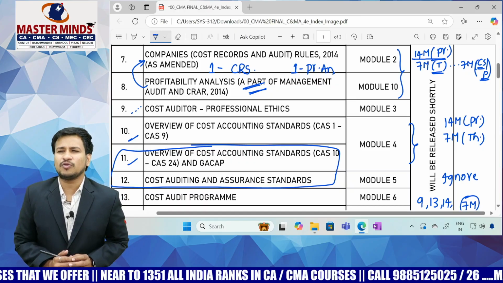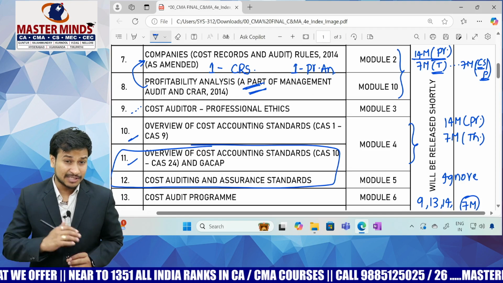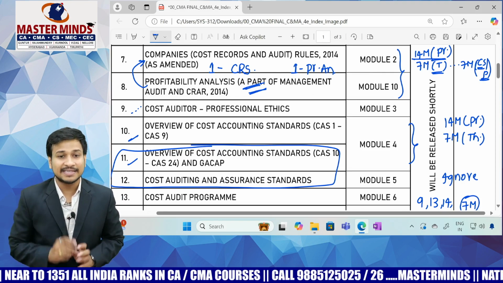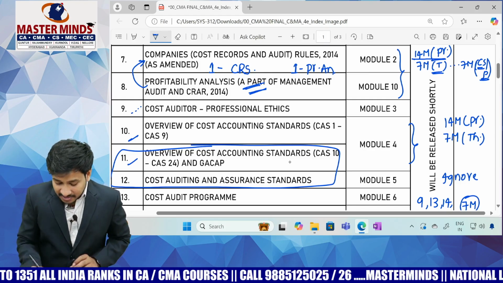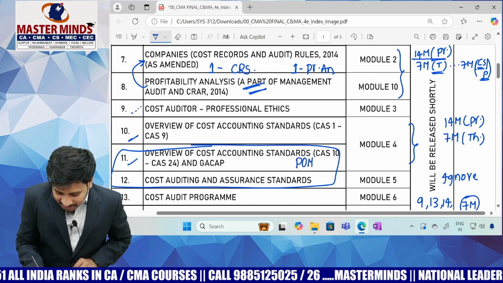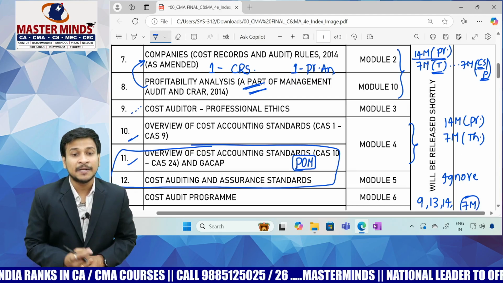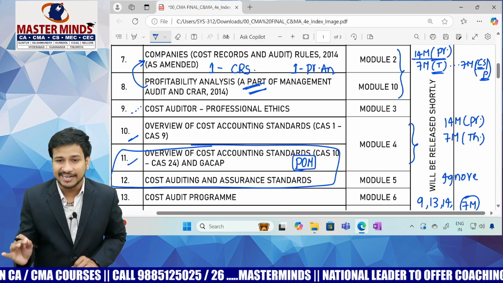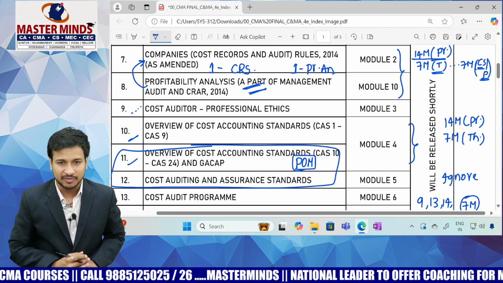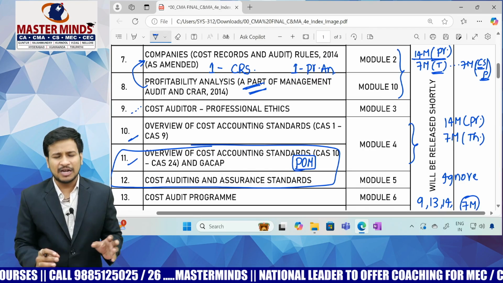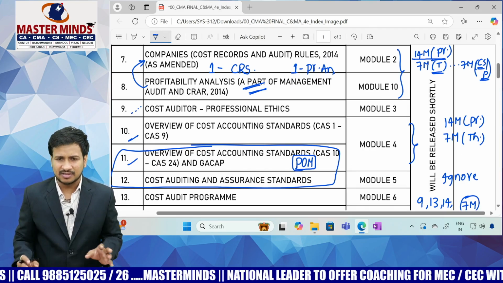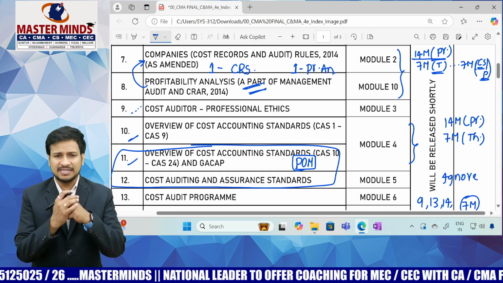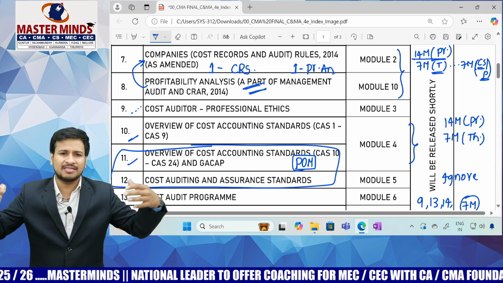But if you are such a student who would like to aspire to a rank or who would like to get more than 90 in CMAD, then it's recommended to prepare the principles of measurement from each and every standard, from CAS 10 to CAS 24. So if you would like to get more than 70 or 60, if it is your target, then happily you can ignore chapter number 11 because it's actually a very lengthy chapter.